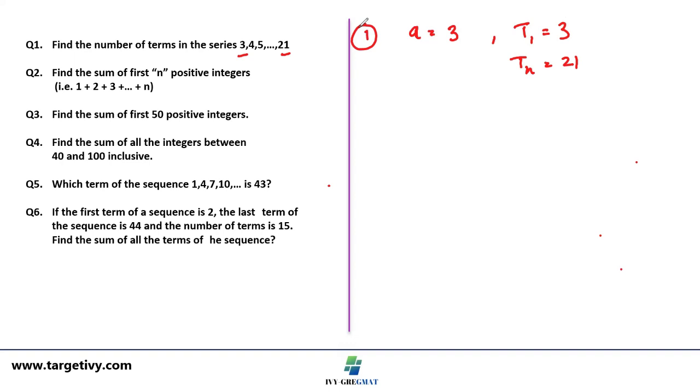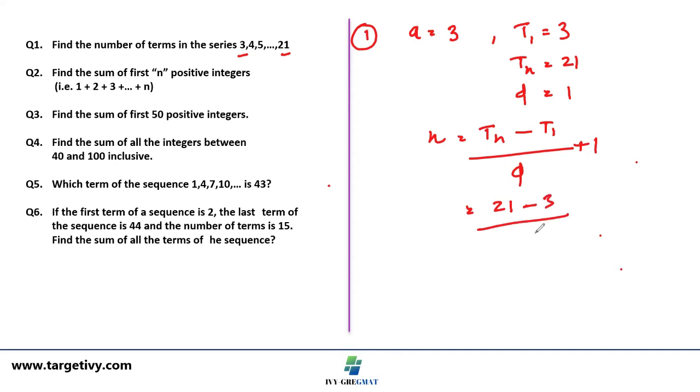D, the common difference, is 1. We know the number of terms n is equal to Tn minus T1 by D plus 1. 21 minus 3 divided by D, that is 1, plus 1. This is 18 plus 1 is equal to 19 is the answer.